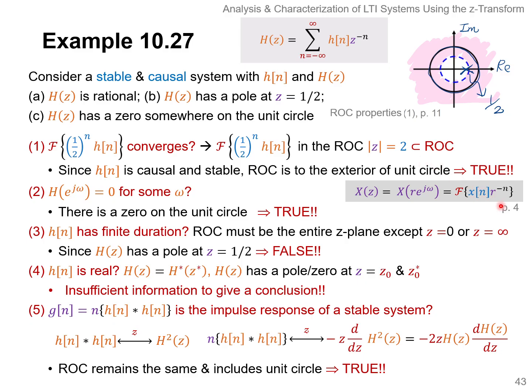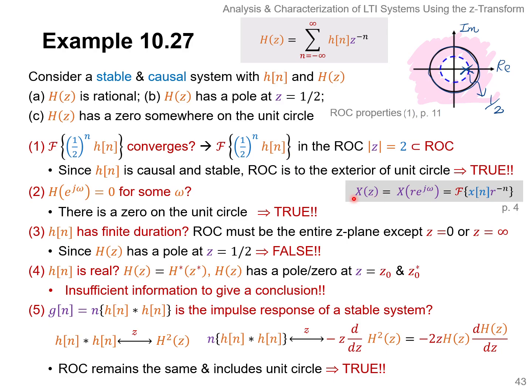It will converge only if this circle is inside the ROC of h of z. We check if r equals 2 is inside the ROC. Because the ROC must be outside the pole at 1/2, r equals 2 is in the ROC, so the statement is true.